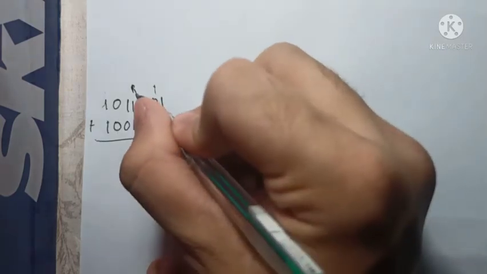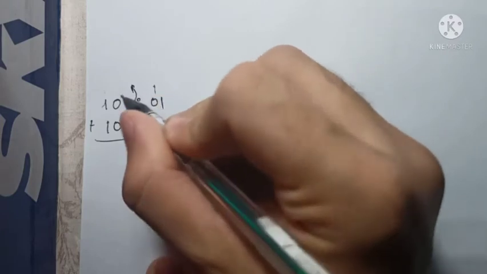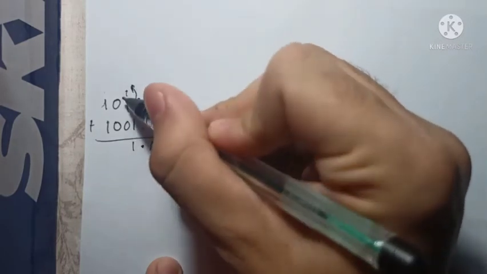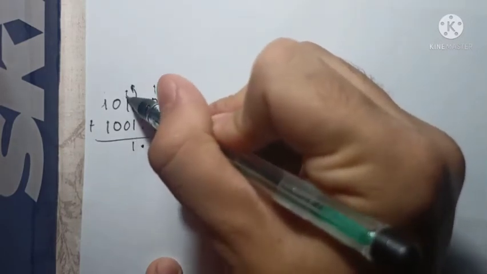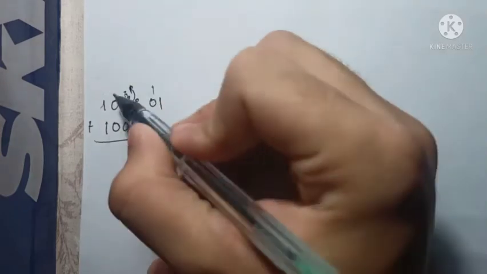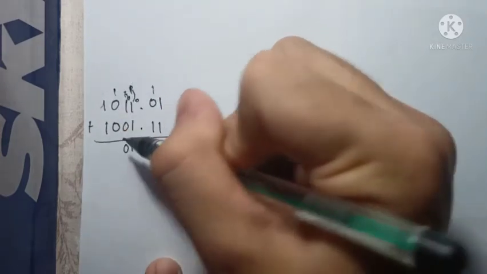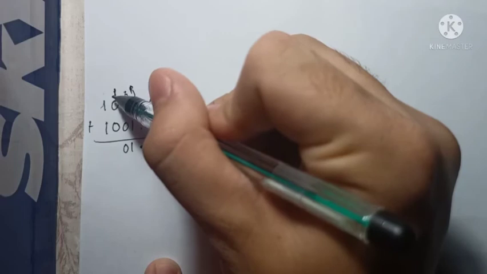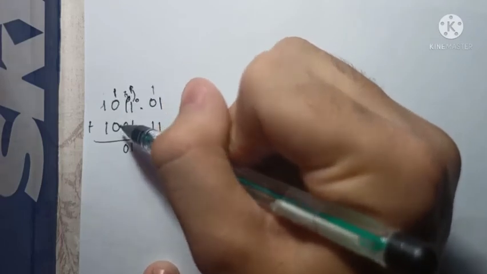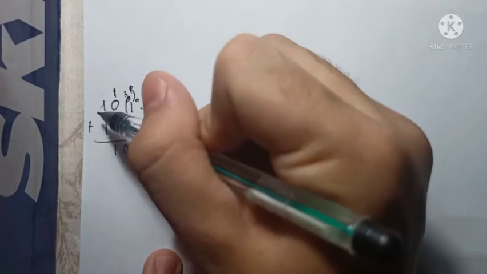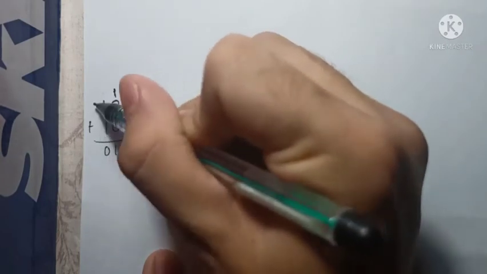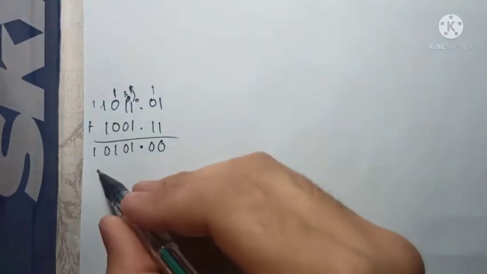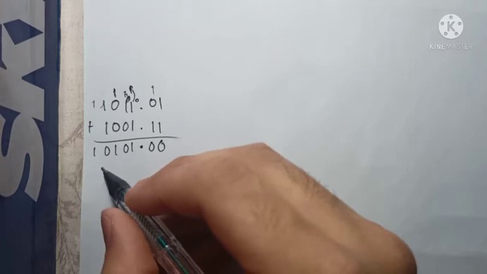Then the decimal point. 1 plus 1 equals 0, carry 1. 0 plus 1 equals 1. 1 plus 1 equals 0, carry 1. 0 plus 0 equals 0. 1 plus 0 plus 0 equals 1. 1 plus 1 equals 0, carry 1. That is the answer for the second problem.